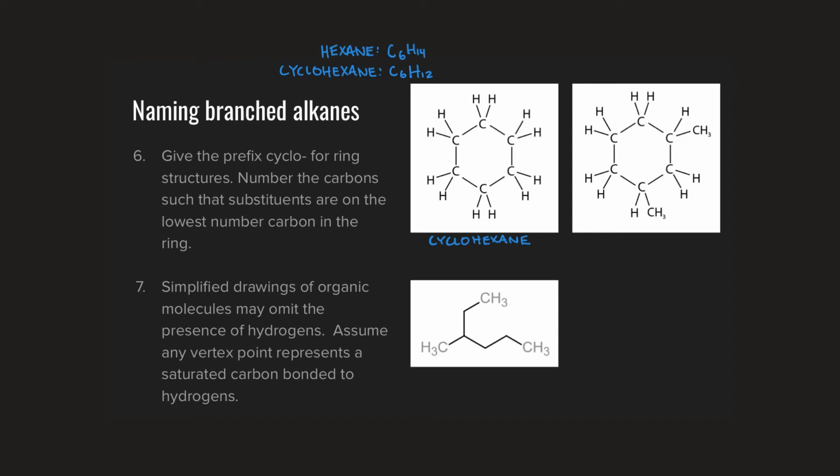If we have substituent or side chains that come off of the main ring, I will name those, again, according to the rules we gave you on the previous slide, by numbering the carbons in the ring in a manner that puts the side chains on the lowest number carbons possible. So for this example right here, again, we have a 6-carbon ring, which means that this is a cyclohexane molecule.